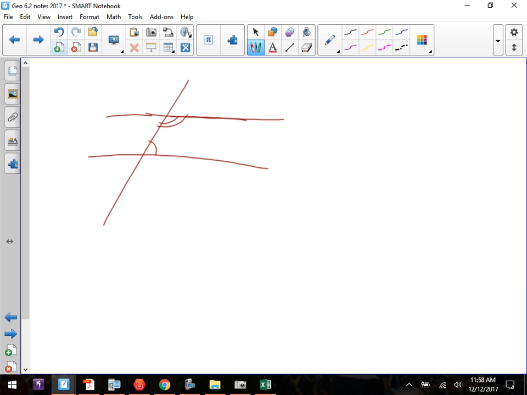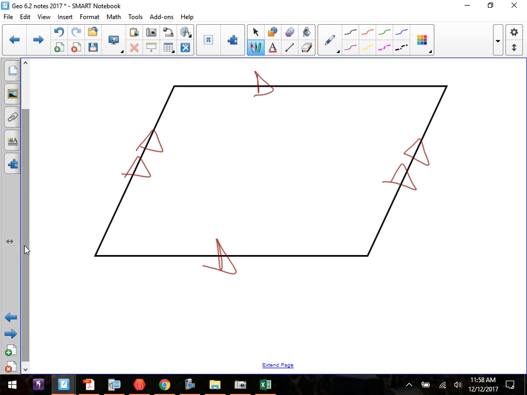Not necessarily, they could be, but more specifically, what do we know about those two angles? They equal 180. When we say they equal 180, what do we call them? Supplementary. So since your lines are parallel, these sides act as transversals, which gives you these two angles being supplementary.